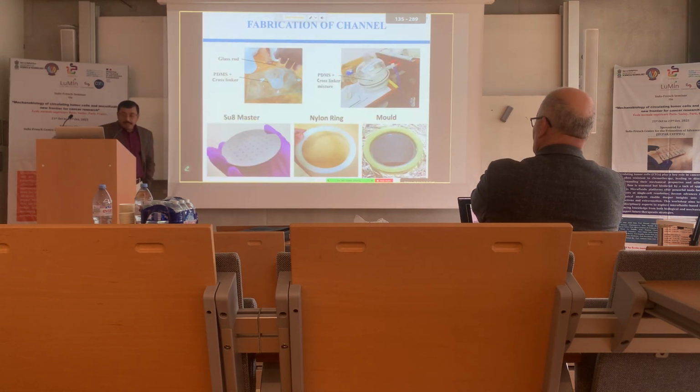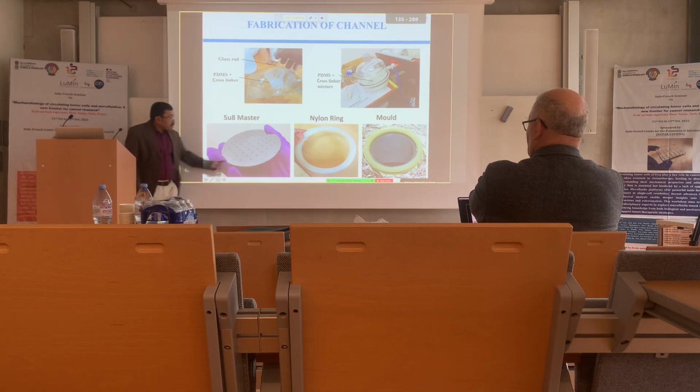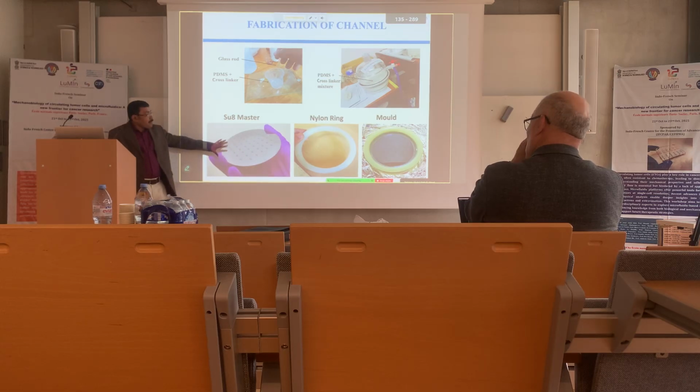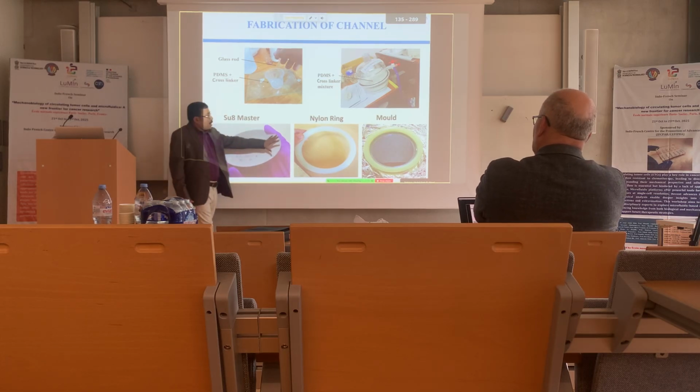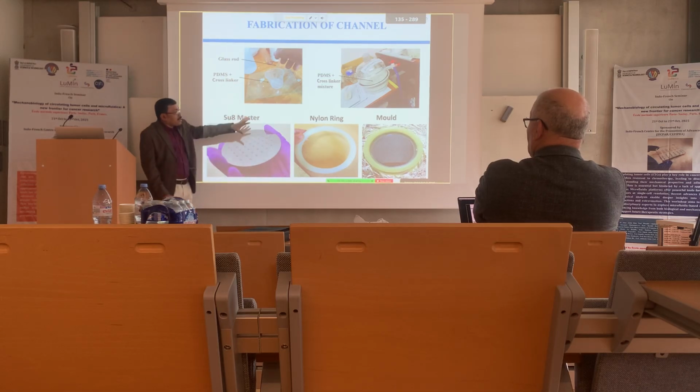You can see this is the silicon wafer where these microchannels are printed. This is one inlet and outlet, and this is the channel. In one mask we have almost 30 to 40 channels, and we use this nylon ring and put the PDMS with the required crosslinker.